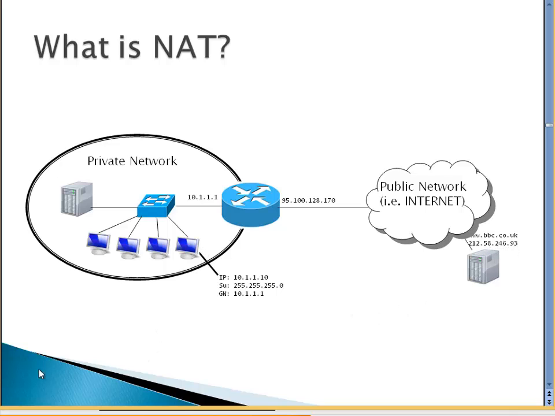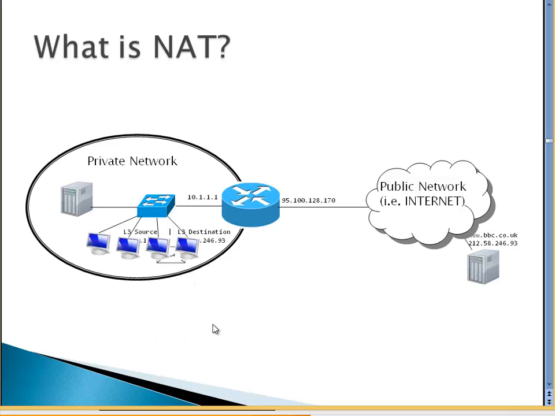This device is going to create a packet, so it's going to have a layer 3 source and layer 3 destination. The layer 3 source is going to be itself, 10.1.1.10, and the layer 3 destination is the BBC server, 212.58.246.93.